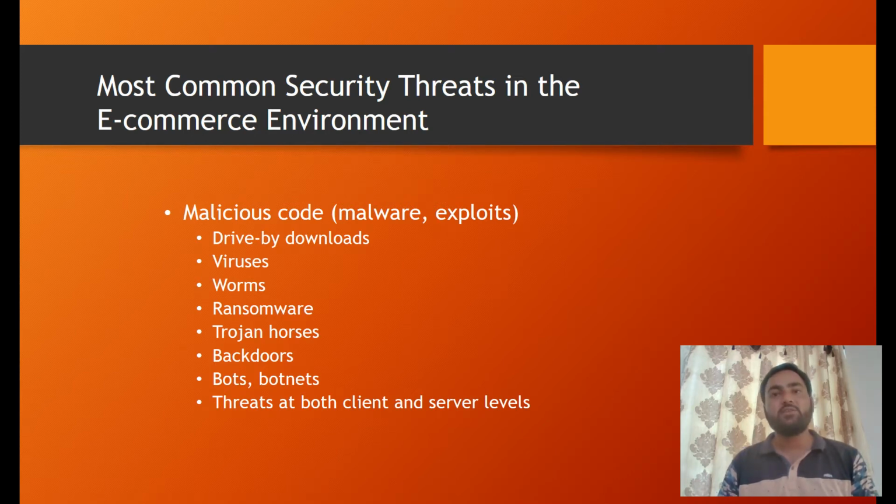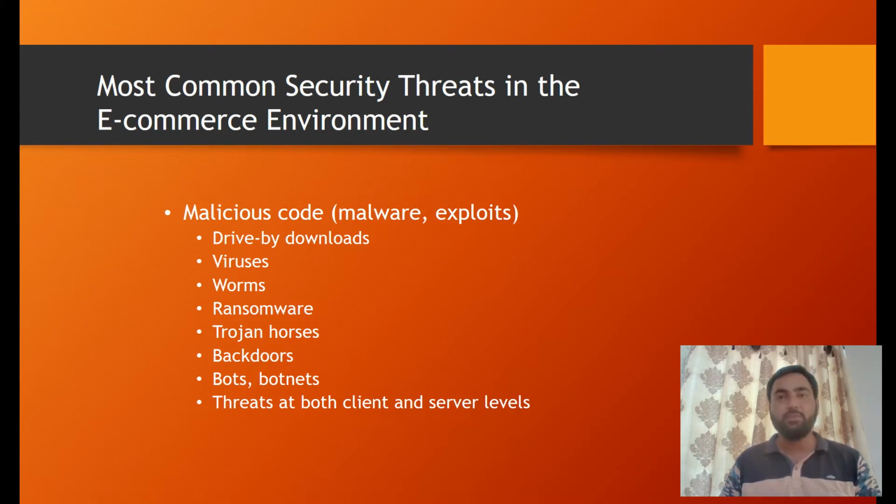Then next comes Trojan horse. Trojan horse is a kind of malicious program which disguises its identity as a normal software program. That means you are downloading a particular program to be used for a specific activity, but that actual program is a Trojan horse.